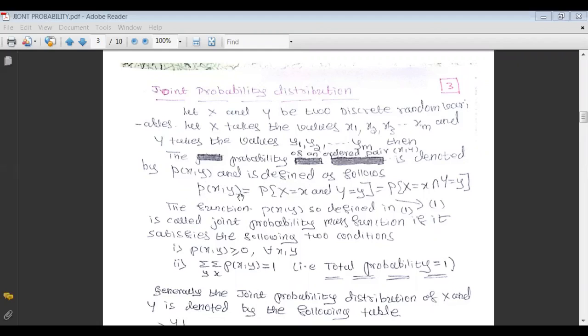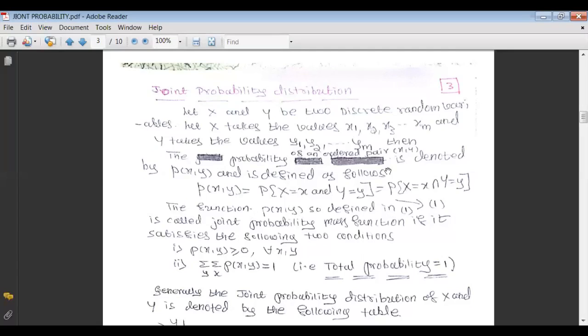That is, P of xy equals the probability that the variable capital X takes the value small x and the variable capital Y takes the value small y. The same thing is written as the probability that capital X equals small x intersection capital Y equals small y, where small x takes any value from the list x1, x2, so on, xm, and small y takes any value from the list y1, y2, so on, yn.